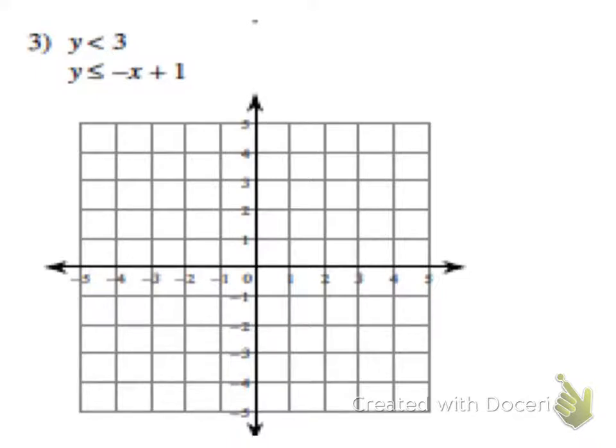Y equals a number is a horizontal line. So I will have a horizontal dashed line through 3. All right, this time y is less than, I shade below the line.